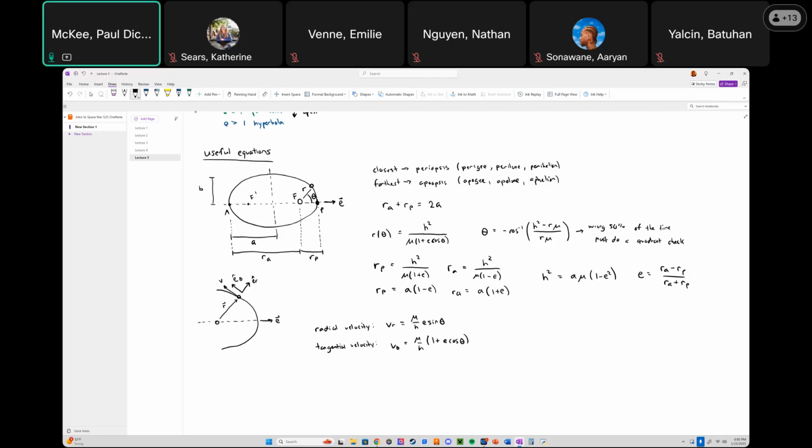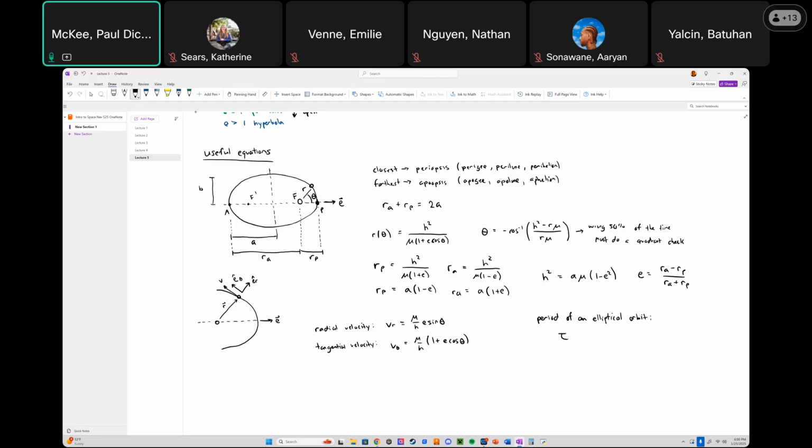And what else? Oh, the last little bit here, at least I'm looking at my crib sheet. I think this is everything you need for now, is the period of an elliptical orbit. We're going to call that period tau.